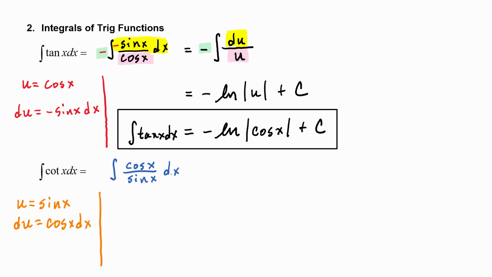So now here, we don't even have to make any changes to this integral. We can go right to our substitution. So in the denominator, we have sine of x, which is going to be replaced by u. And in the numerator, we have cosine of x dx, and that's going to be replaced with du.